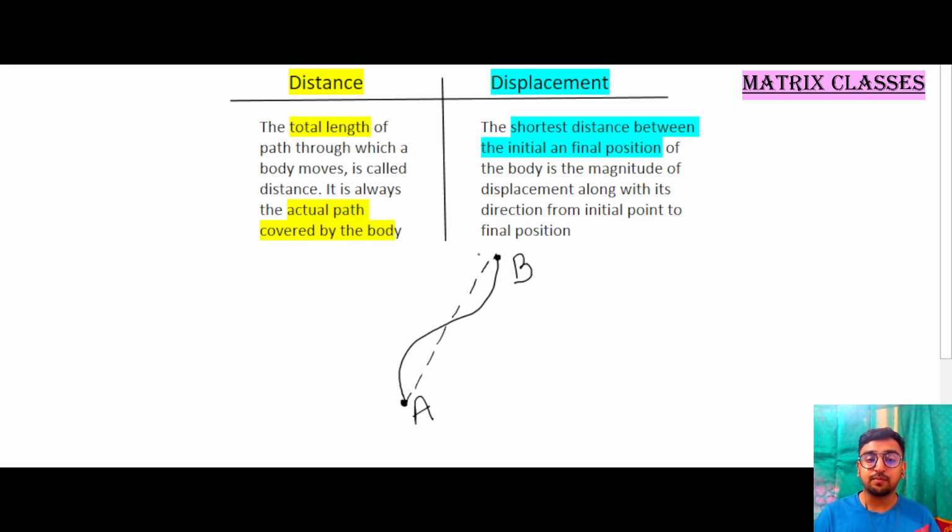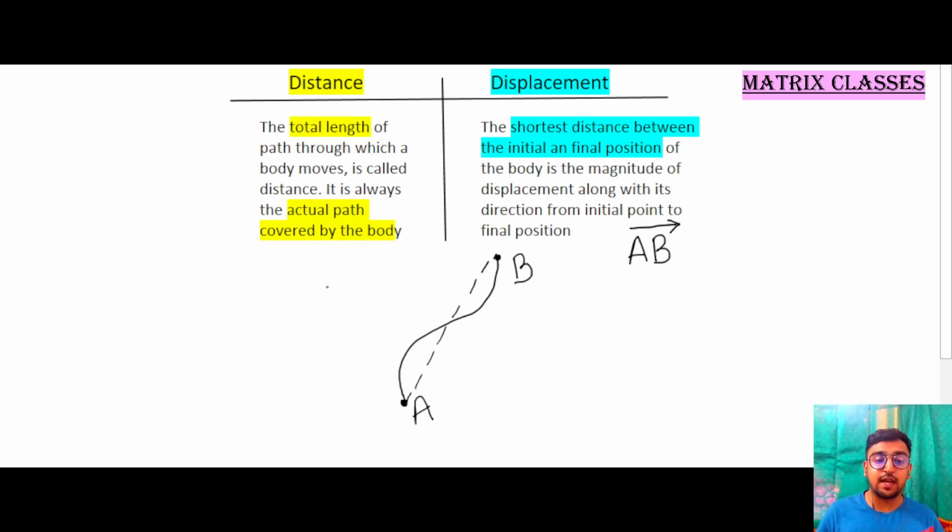So AB, and we will write it starting from A to B. This is the distance AB, and when we give it a direction, it becomes this. What does this direction mean? This arrow means we are going from initial position A to final position B. And what is the distance?